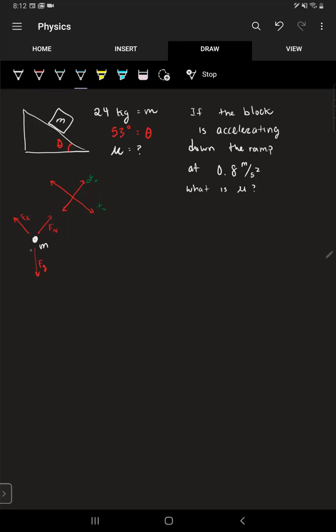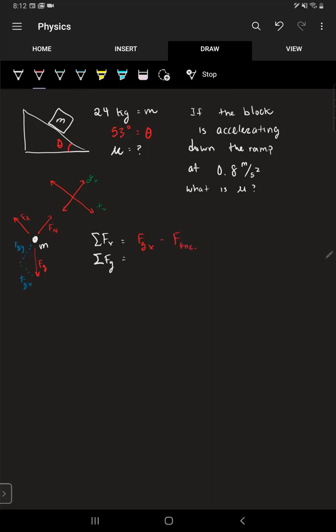Now, Fg can be broken down into components, Fgx and Fgy. So if we do the third step, which is to find sigma Fx and sigma Fy, what are the forces in the x direction? Well, we have Fgx minus the force of friction.